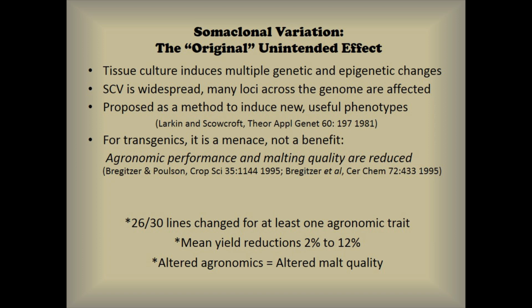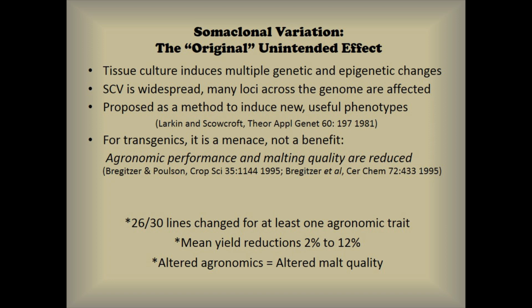I guess I would call somaclonal variation the original unintended effect. It occurs as a result of tissue culture, and it consists of multiple genetic and epigenetic changes that occur as a result of passage through tissue culture. Somaclonal variation is widespread. It affects many loci across the genome.